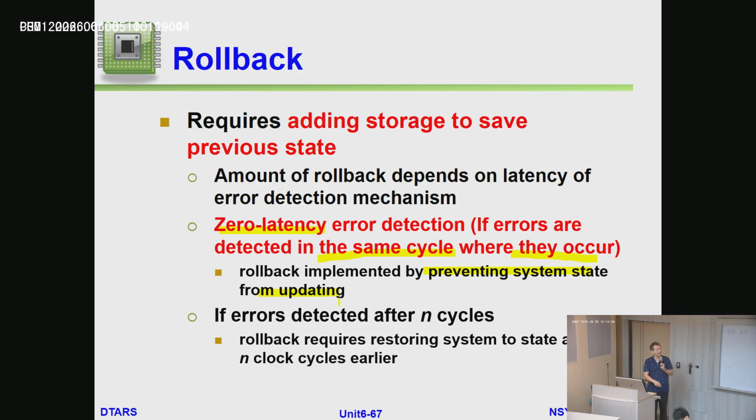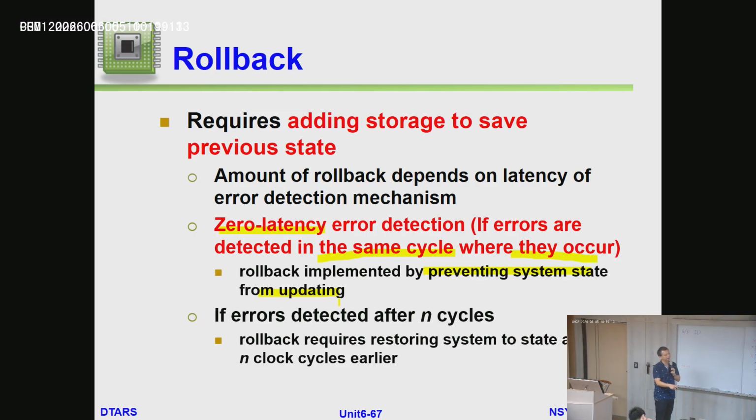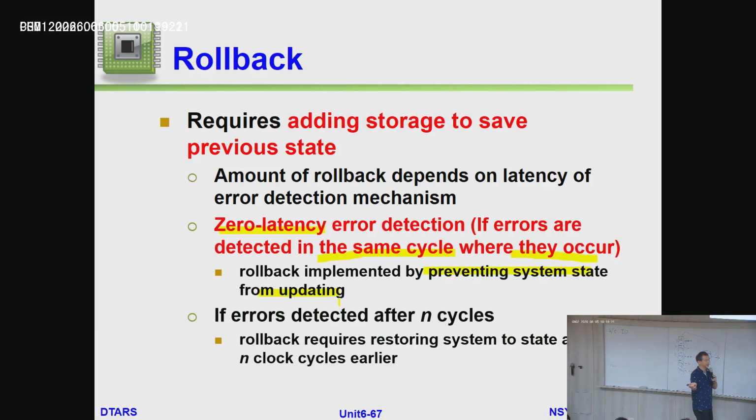However, you can think about what happens if errors are detected after some other cycles. For example, your method is not so good, and your error detecting method needs a total of n cycles to detect the errors, which means you know your system is wrong only after n cycles. Then when you do the rollback, you need to restore the system to the state at least n clock cycles earlier.